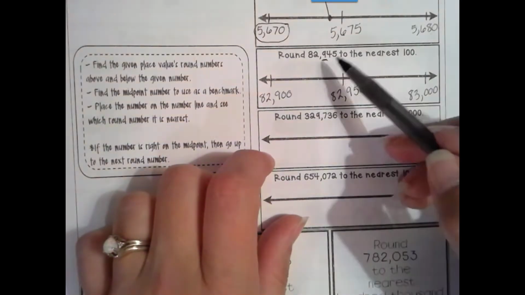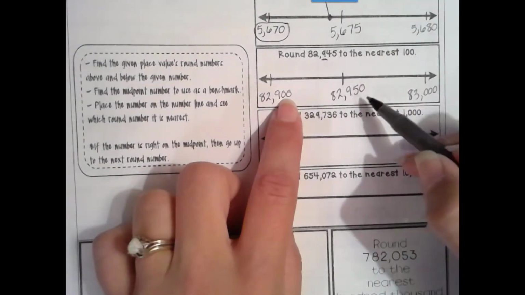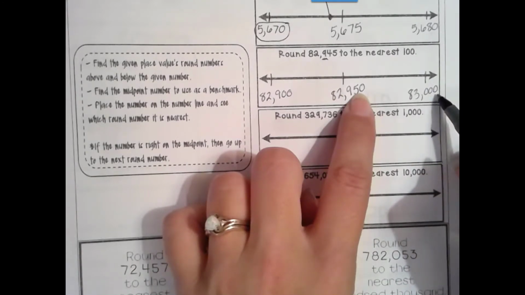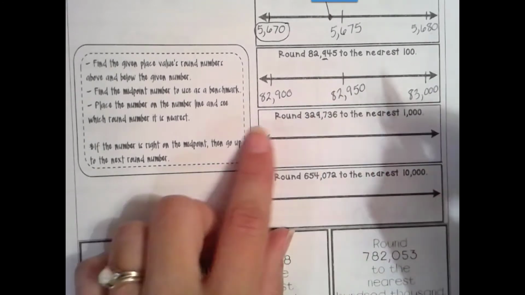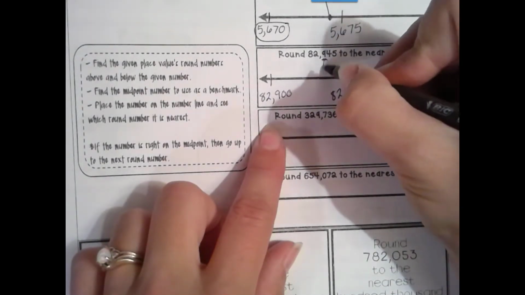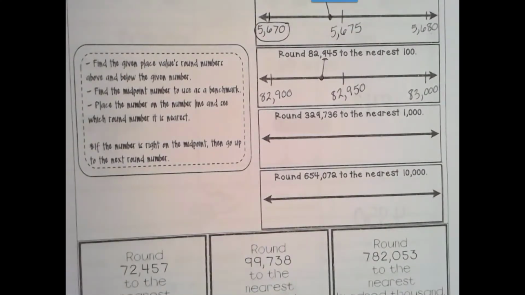Would this 45 be between this 00 and 50, or between 50 and the 00? Well, 45 comes before 50, so 82,945 would come before 50, somewhere about there. We don't have to get the exact location. We just know it's on this side.